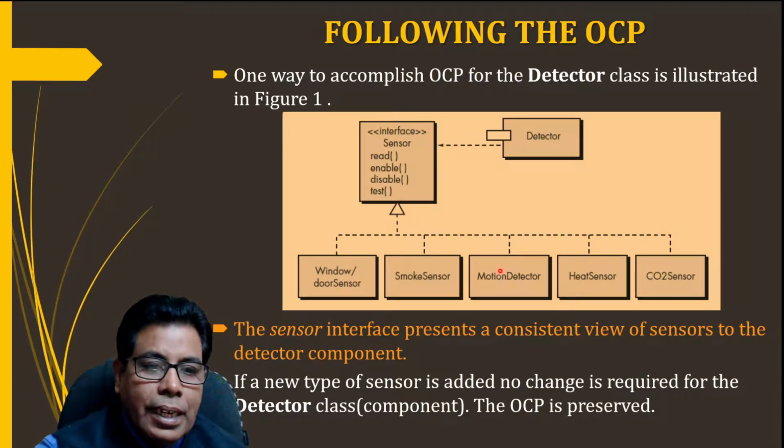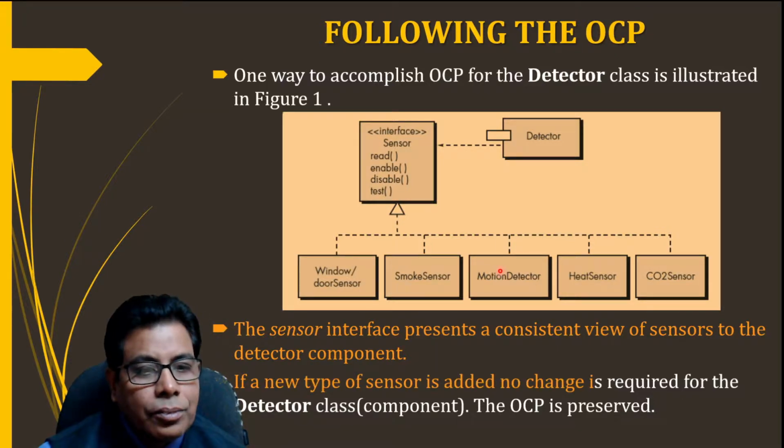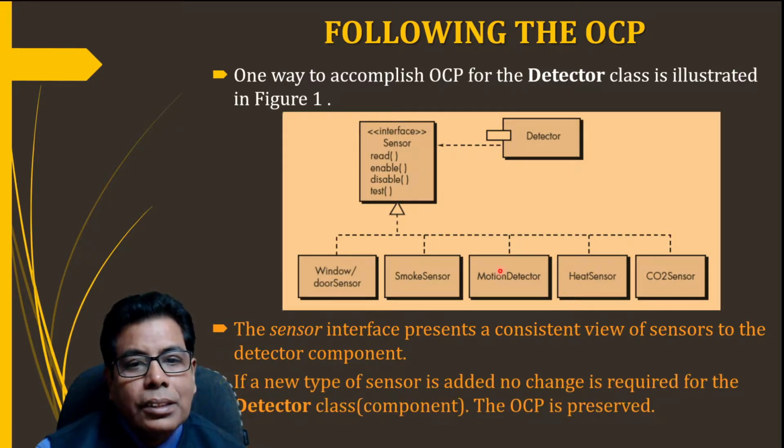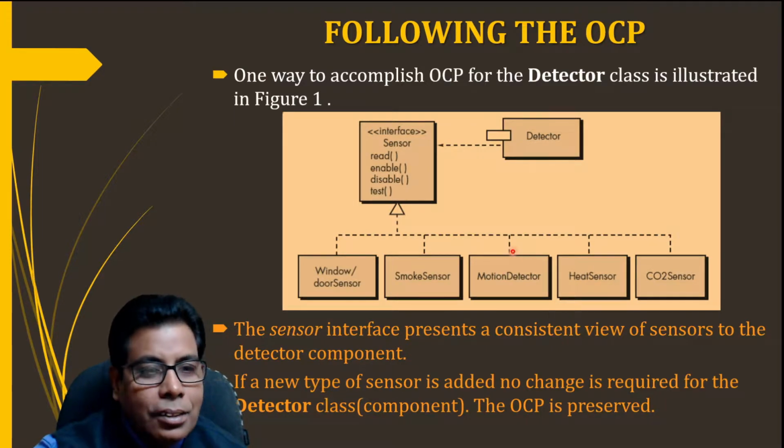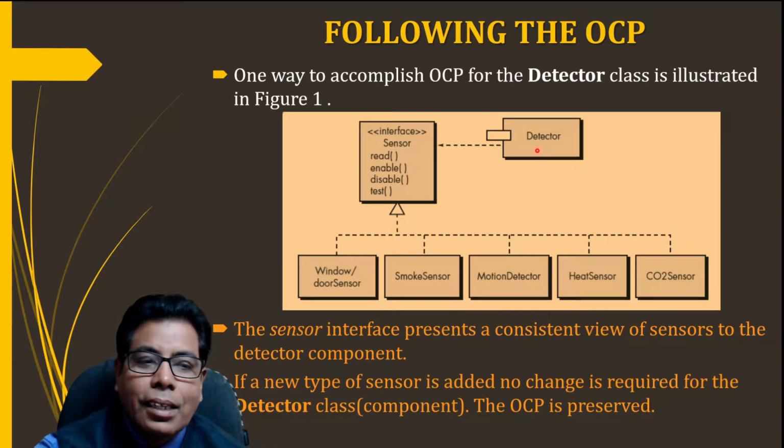So when we add a new type of sensor, there is no change required for the detector class component. Again it will see the same thing. There is no change seen by this detector. So if we do the design in this way, the OCP is present.